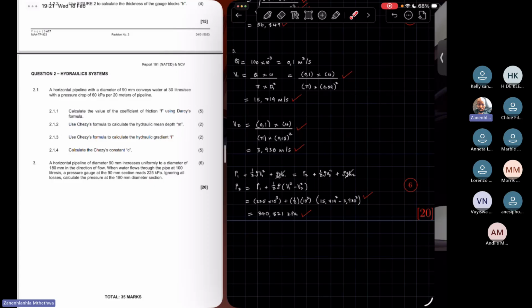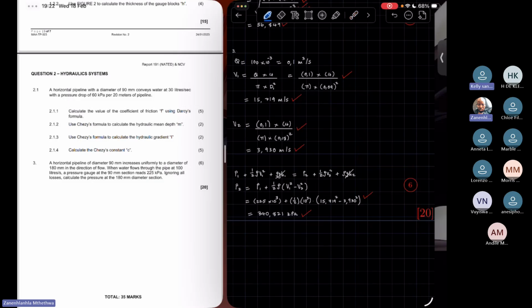Let's see if you calculate the area. I have your 15 for your velocity, and I have your 3.9 for velocity number 2. Then I have your 2, which is a given pressure value. What is that half 10 coming from?